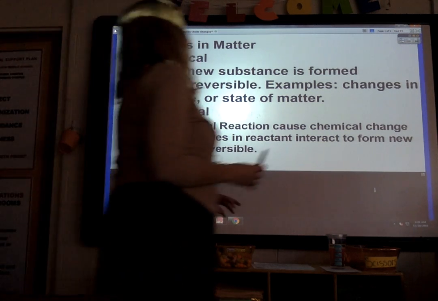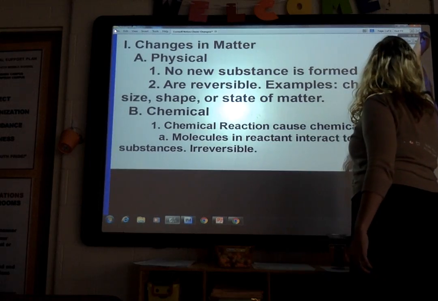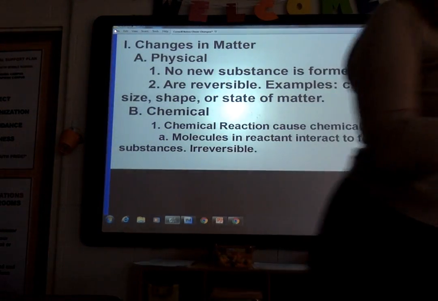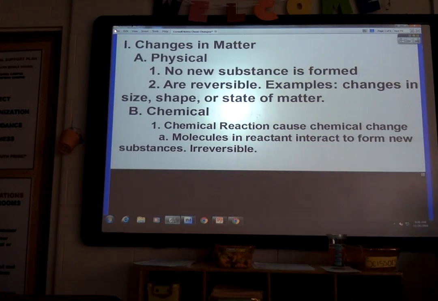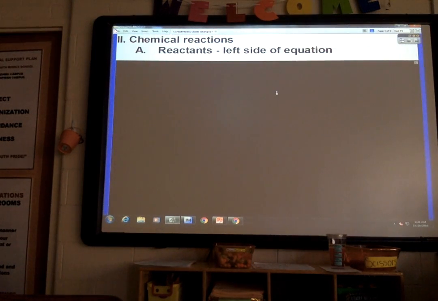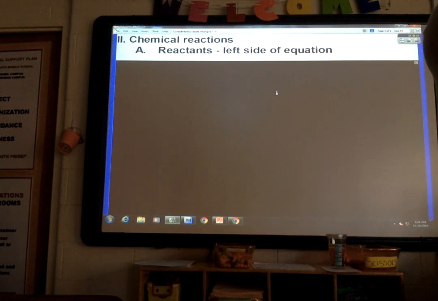Let's talk chemical reactions. Chemical reactions have products and reactants. Reactants refers to the left side of the equation, and we'll talk about what that means in a second, but we're looking at the left side of the equation.